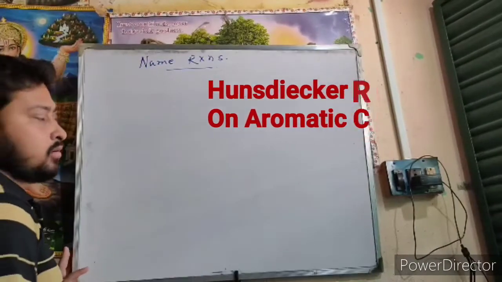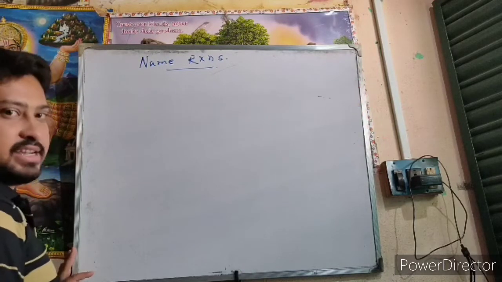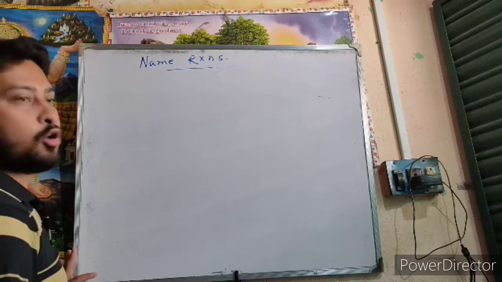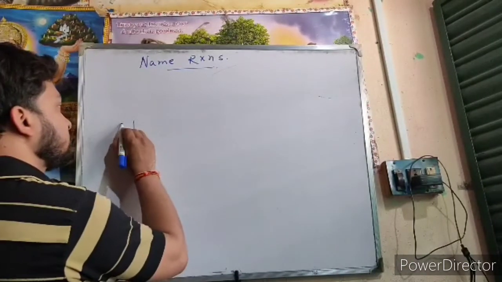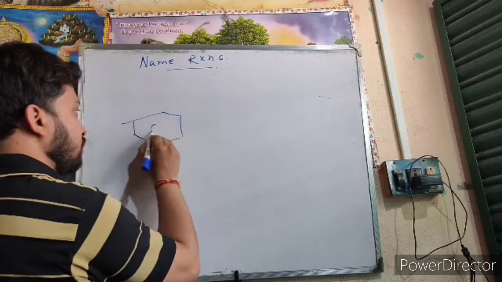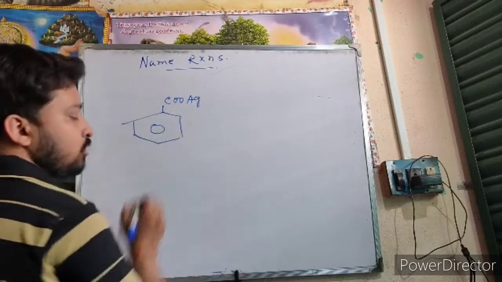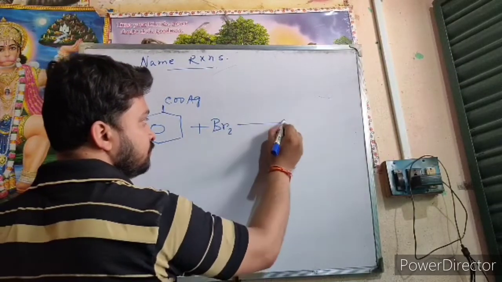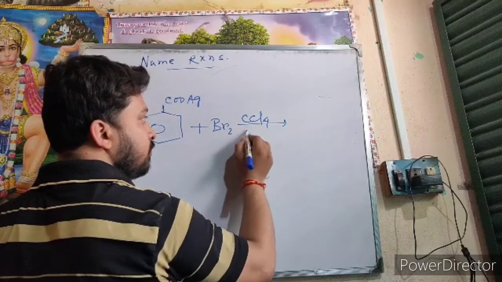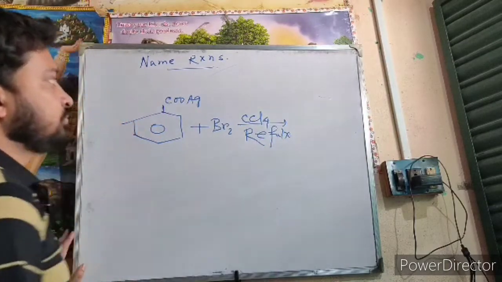Now the next reaction is the Hunsdiecker reaction on aromatic compound. You take the silver salt of the carboxylic acid, COOAg, and Br2 in CCl4, and you go with reflux.